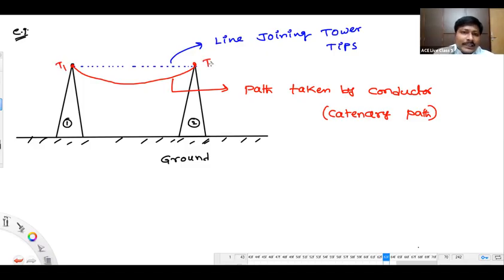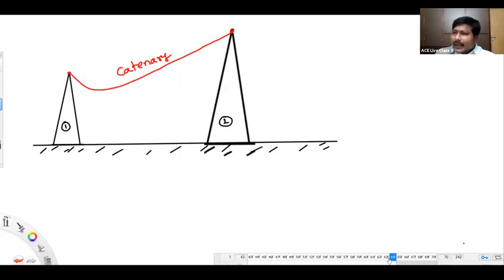At this tower tip, it is experiencing a tension of T2. Similarly, for unequal heights of towers also, at this point it will experience a tension of T1, and at this point T2. Tell me, please, in this unequal height of towers, at what tower tip will the tension be more? Is it at the lower height tower or the higher height tower?